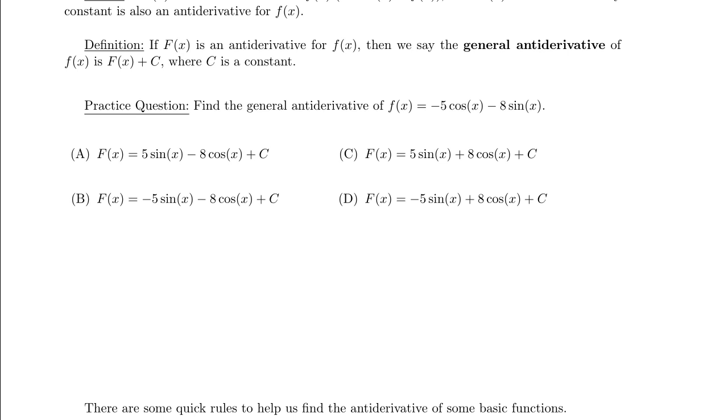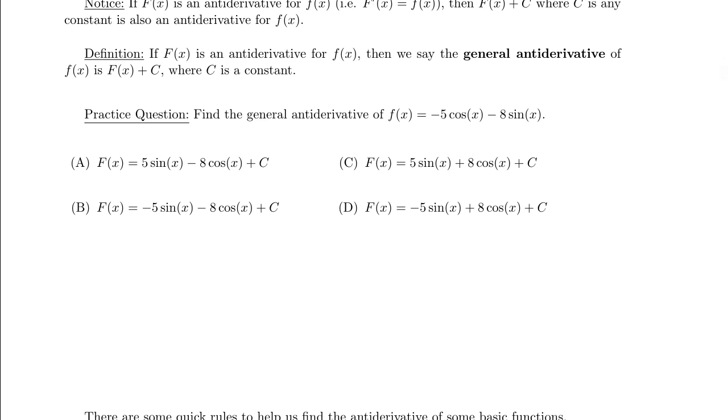So for our practice question here, we want to find the general antiderivative of f of x, which is equal to -5 cosine of x minus 8 sine x. So what you need to do here is try to find a function whose derivative is that -5 cosine of x minus 8 sine of x. So let's write this down.